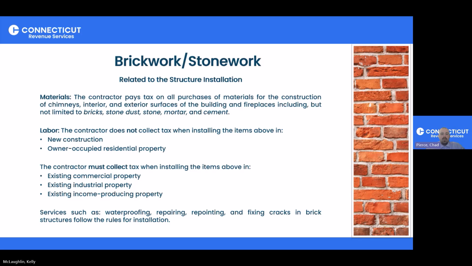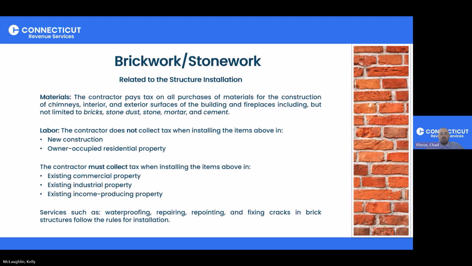When completing these jobs, the contractor does not collect tax when installing the items above in new construction or owner-occupied residential property, but the contractor must collect tax when installing the items above in existing commercial property, existing industrial property, and existing income-producing property. When the contractor is collecting tax, they're just collecting tax on the labor, not on the materials.